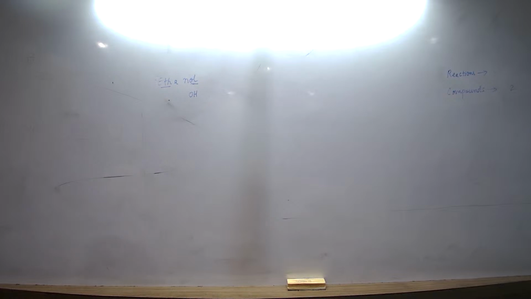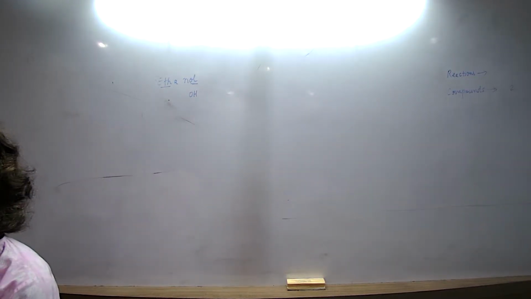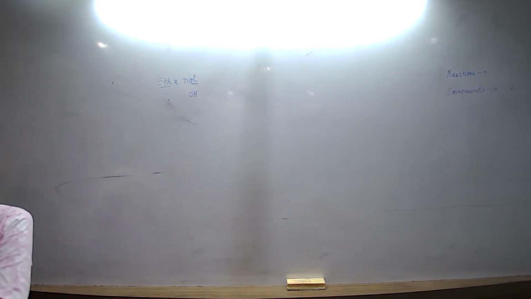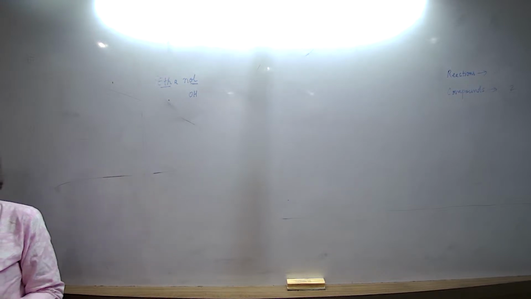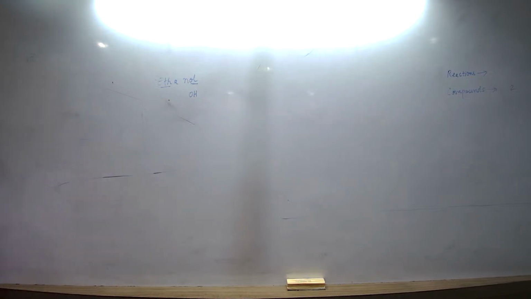All of you will write down the formula and the structure also, because that is the first thing that you are going to learn about ethanol. You are already familiar with ethanol, because we have already done the functional group of alcohol.